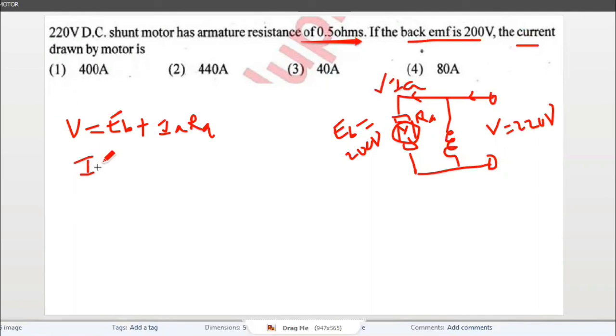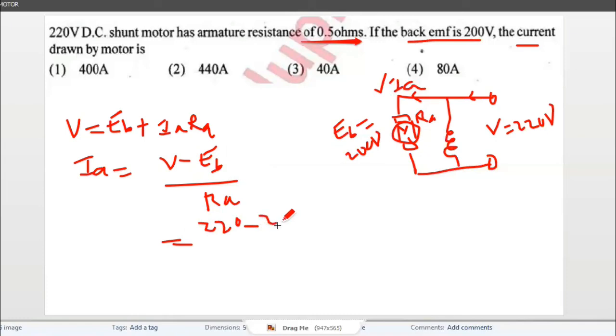So IA equal to V minus EB by RA. So he has given terminal voltage 220 volts minus back EMF 200, divided by RA, 0.5 ohm. So it is 220 minus 200 by 0.5.